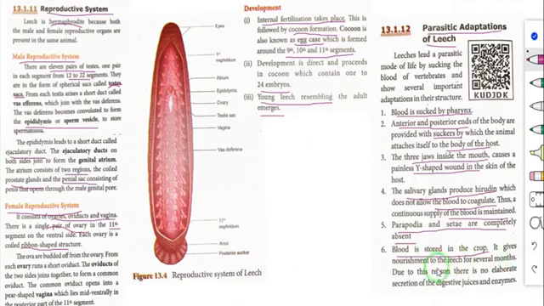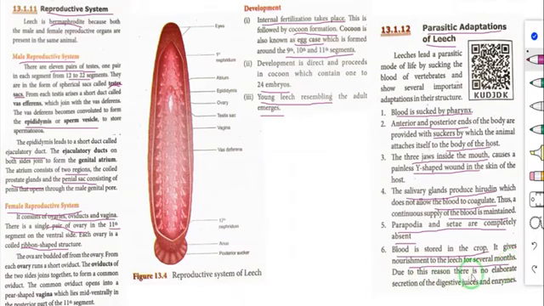It gives nourishment to the leech for several months, maybe 4 months or 5 months, like that.